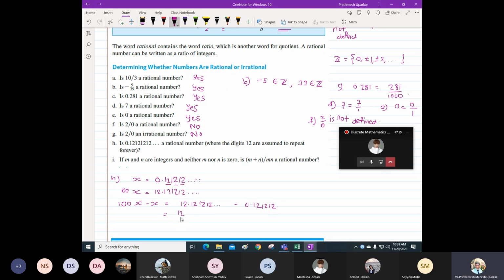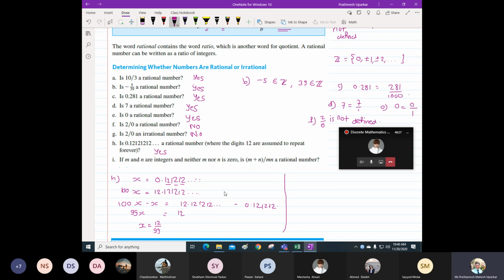It is just 12. और यहाँ पे लेफ्ट हैंड साइड में क्या होगा? 99x is equal to 12. So x का वैल्यू क्या होगा? 12 upon 99. Is it in the form of a by b, where a and b are both integers? Yes. Therefore, the answer to this question is yes. 0.12121212 is a rational number.